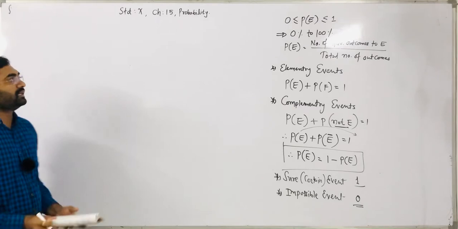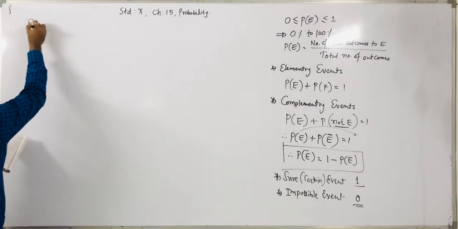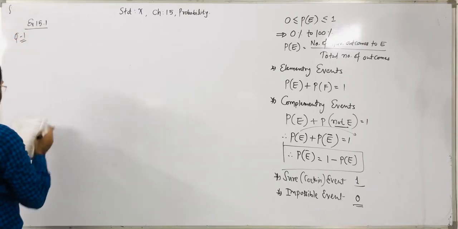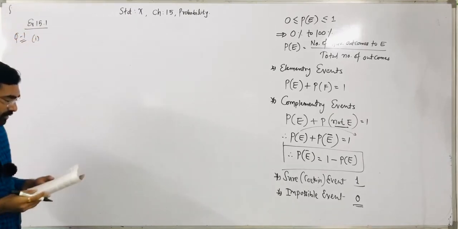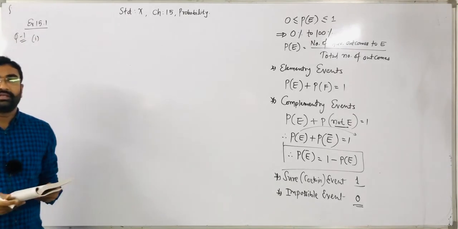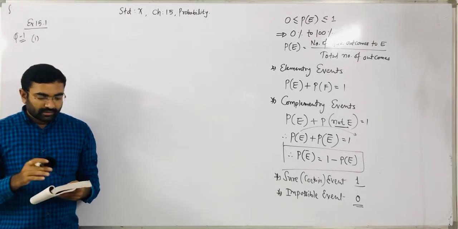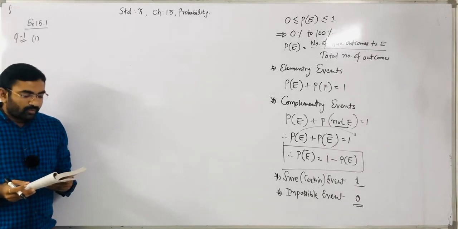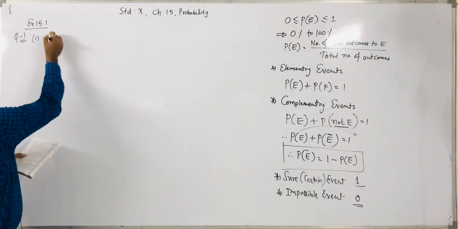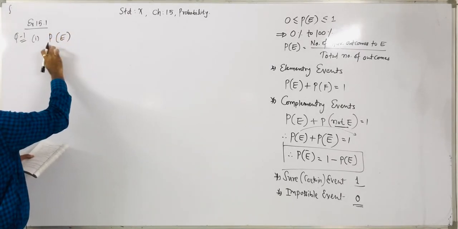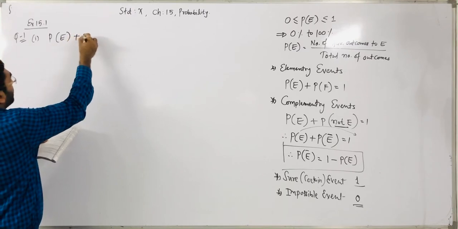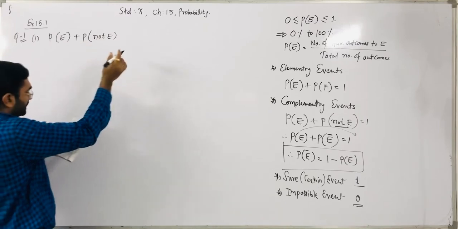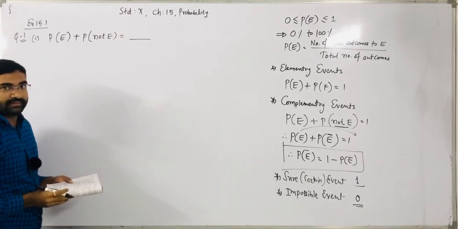Now we have to solve questions based on that, Exercise 15.1. In our first question, fill in the blanks are given, so take the question from the textbook. The first question: the probability of an event E plus the probability of event not E is equal to blank.